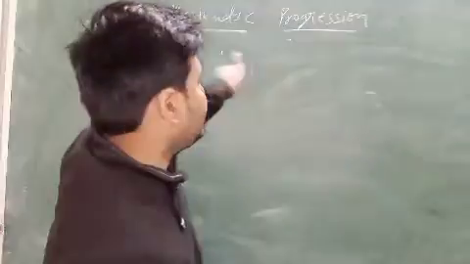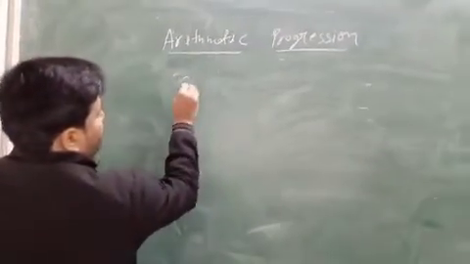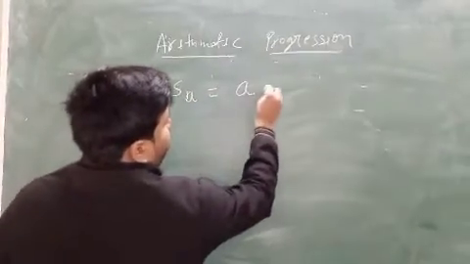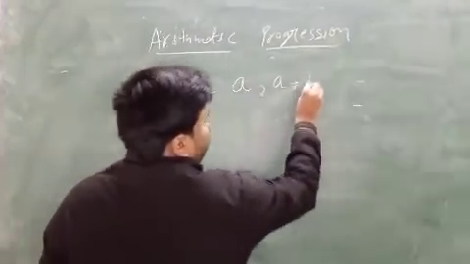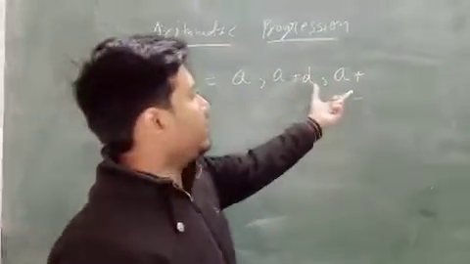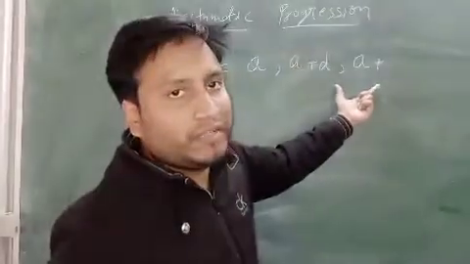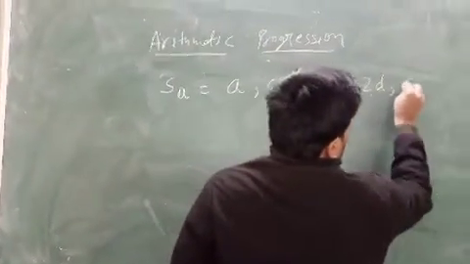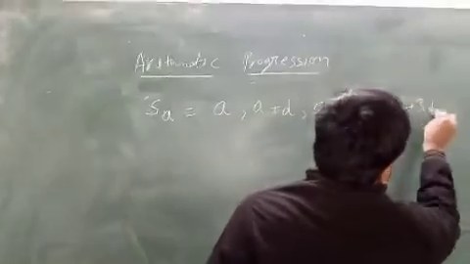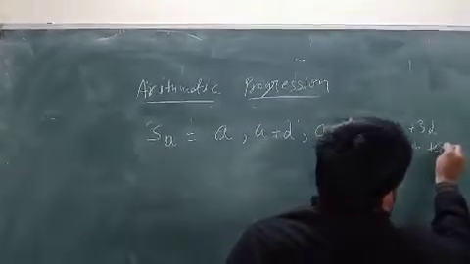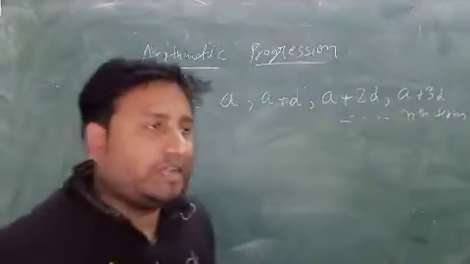So we can write the series: a, a plus d, a plus 2d, because we have to take a common difference which is always equal, a plus 3d. So what is the nth term?